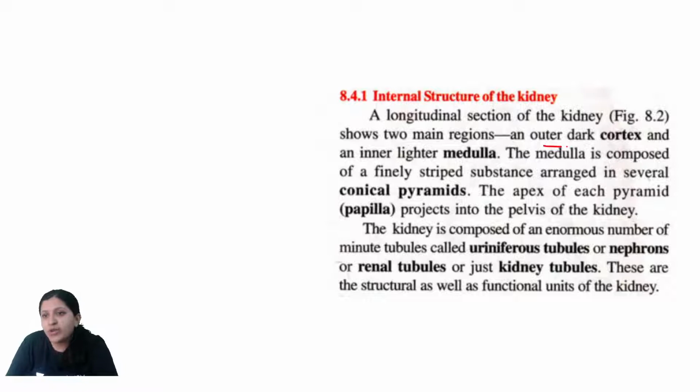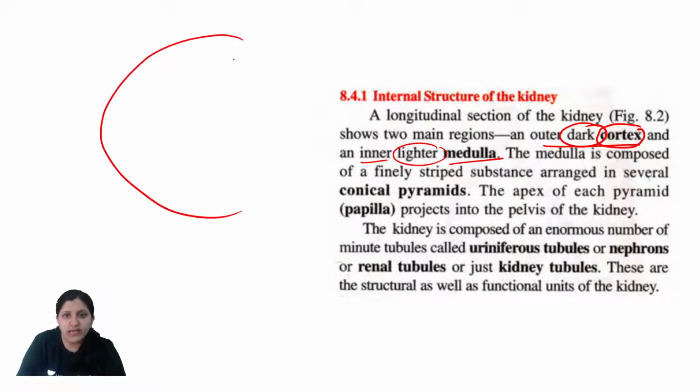The outer dark one has a darker appearance when we observe it under a microscope. So there is a darker cortex region, and on the inside there is a lighter structure, that is the medulla region.